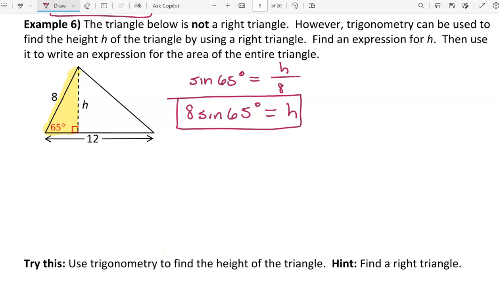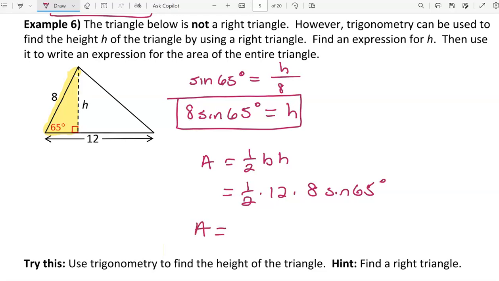Now we're going to use that expression to find the area of the entire triangle. Well, our entire triangle has an area that's equal to 1/2 times base times height. And the base of the entire triangle is 12. And our height is 8 times the sine of 65 degrees. We do have some simplifying that can be done here. 1/2 times 12 is 6, times 8 is 48.